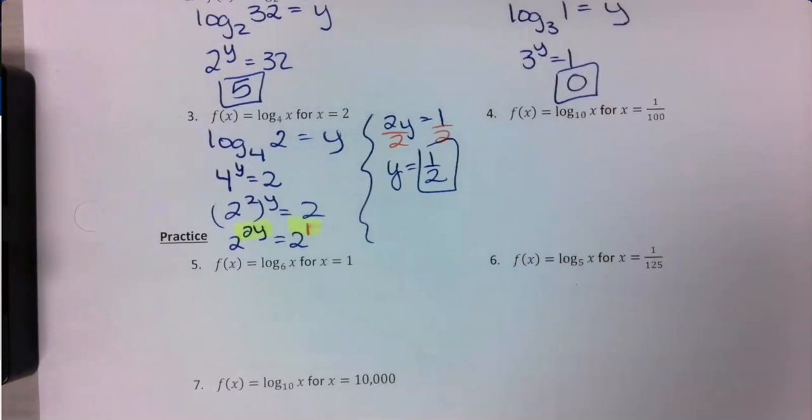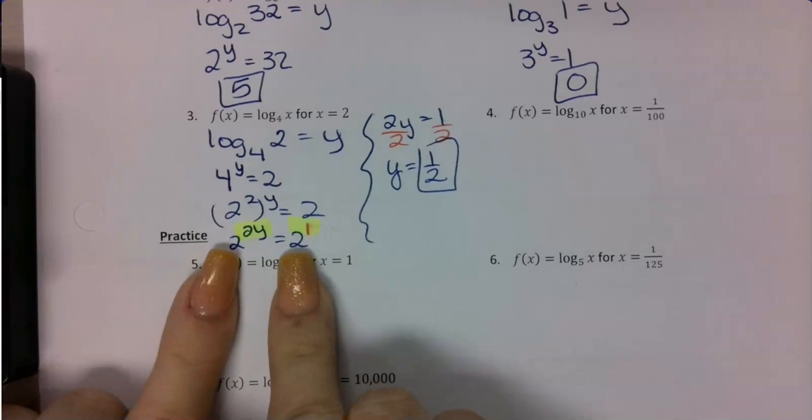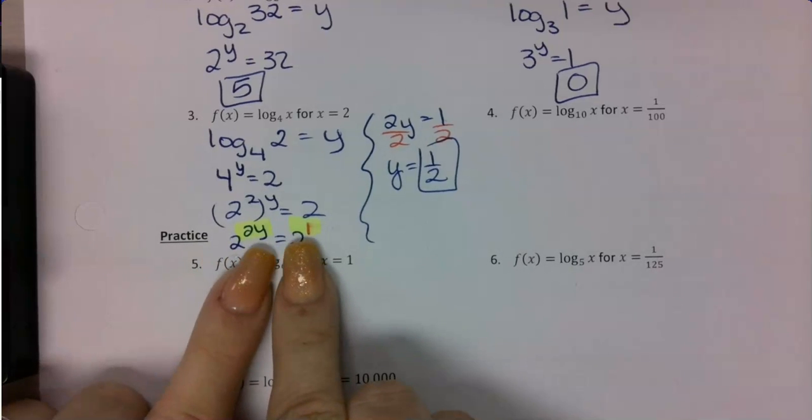So my answer here is just 1/2. Questions on number 3? Where did you get lost? Since they had the same base, I could just take the exponents and set them equal to each other.